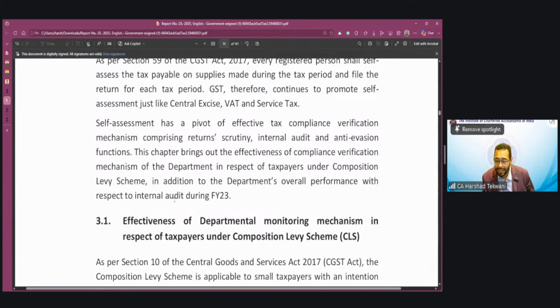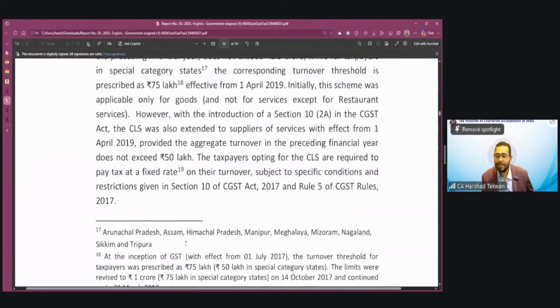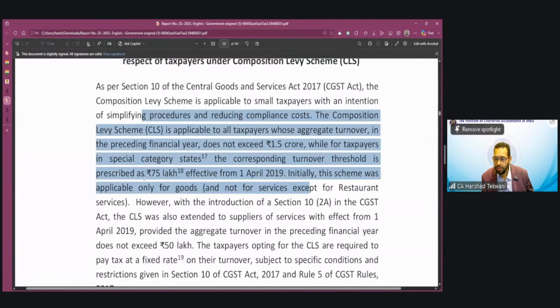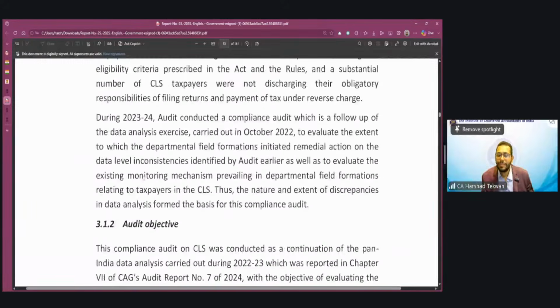That means they are seeing how the department is performing the monitoring, the departmental monitoring mechanism, in case of taxpayers under the composition levy scheme. They are looking at what is the requirement of the law and how the department is performing in front of that.